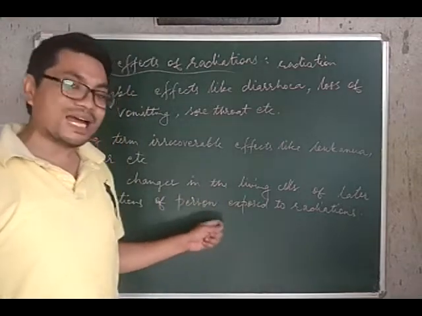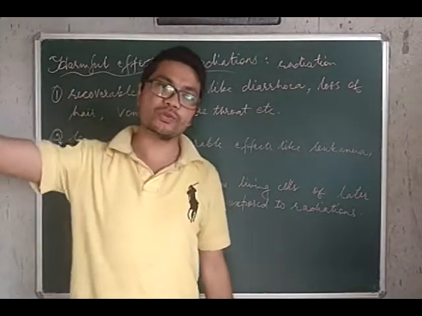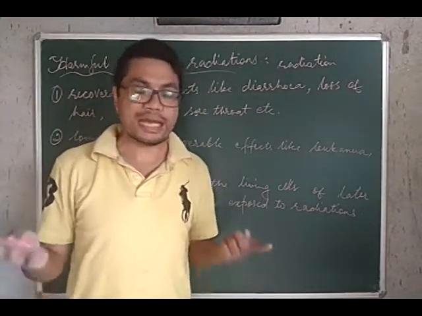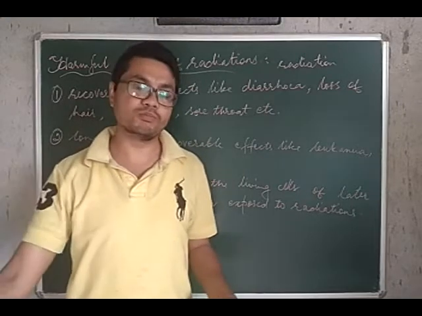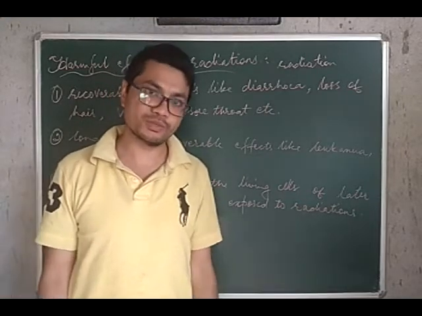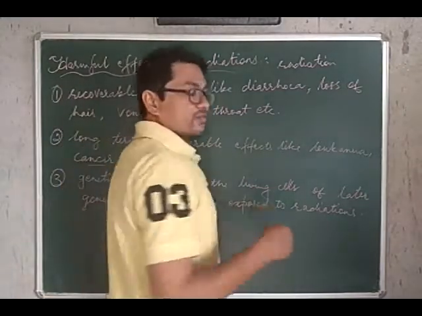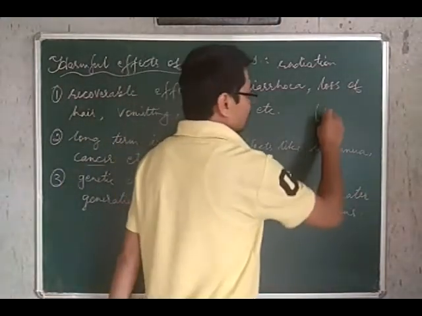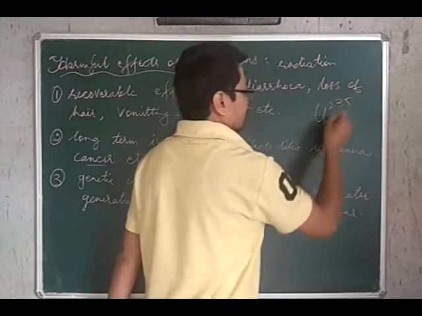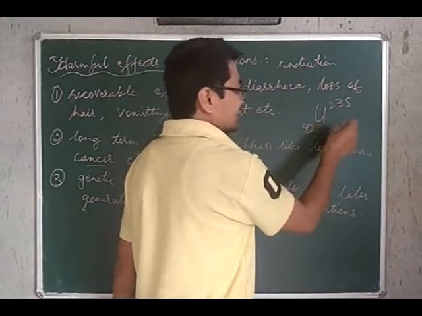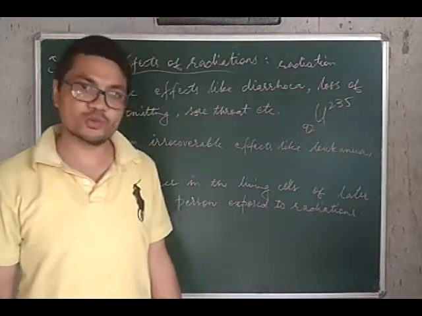This is what happened when Nagasaki and Hiroshima in Japan were bombarded with atomic bombs. Those atom bombs are basically fission bombs wherein we use uranium, basically the isotope 235 of uranium.